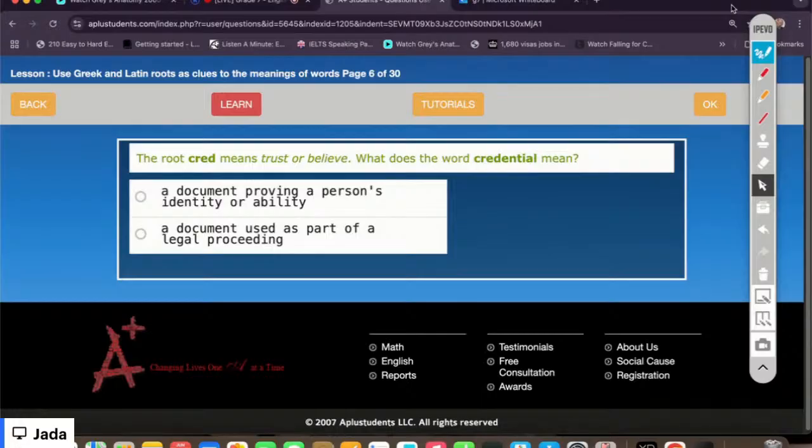The word cred means trust or belief. What does the word credential mean?